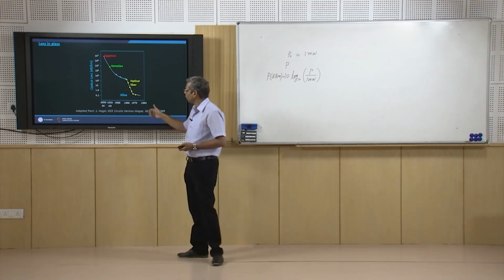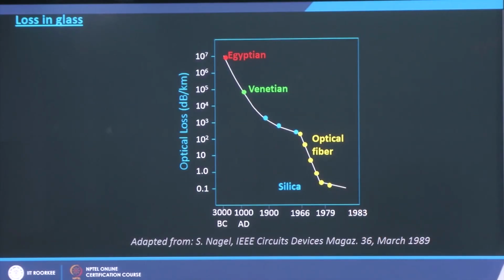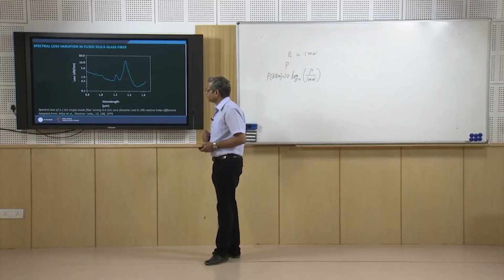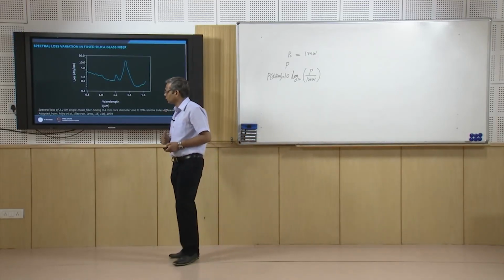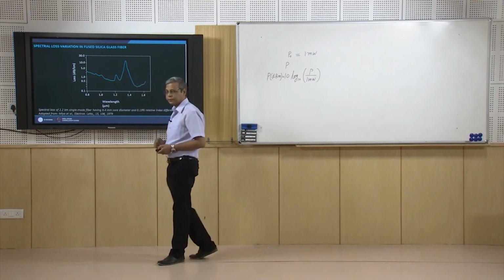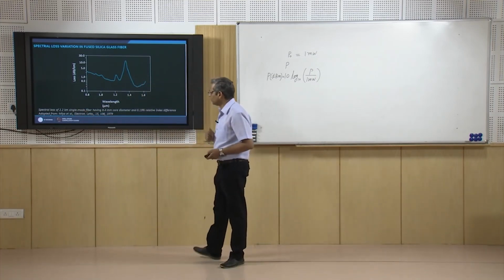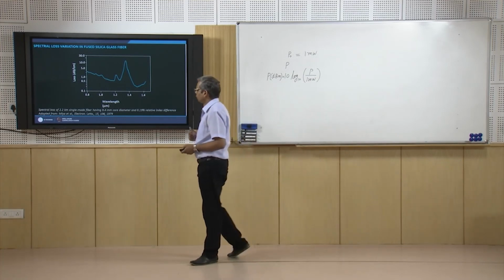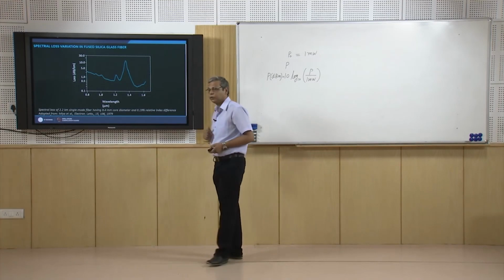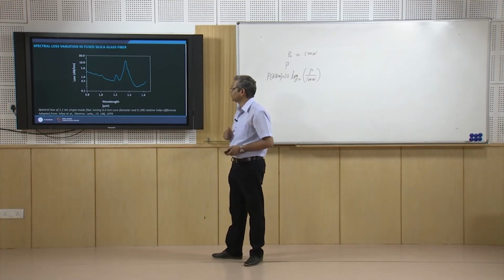And now we have a fiber which has a loss of 0.2 dB per kilometer. If I look at the spectral loss variation in fused silica glass fiber, it looks like this. This is the spectral loss of a 2.2 kilometer single mode fiber with core diameter of 9.4 micrometer and about 0.2% relative index difference.